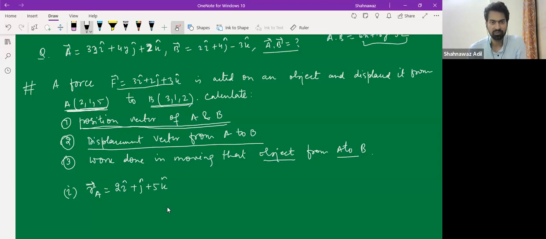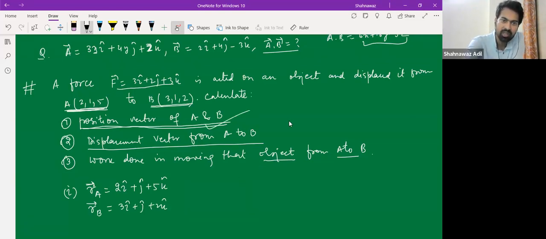Afaf, do you remember now? So don't get blank, it happens, it is natural. And now you tell me what would be the position vector of B. 3i cap plus j cap plus 2k cap. So the first part is clear, right? Position vector of A and B is clear.